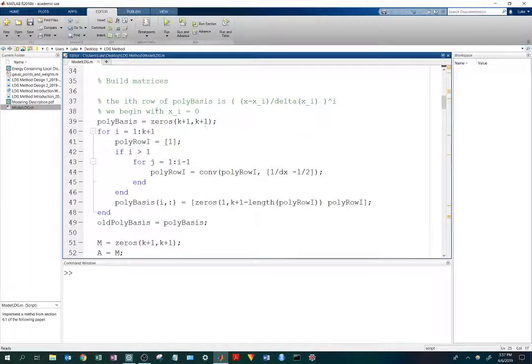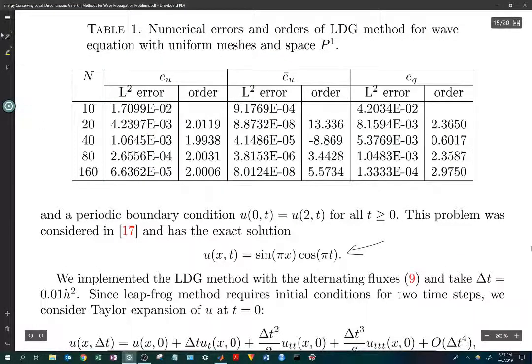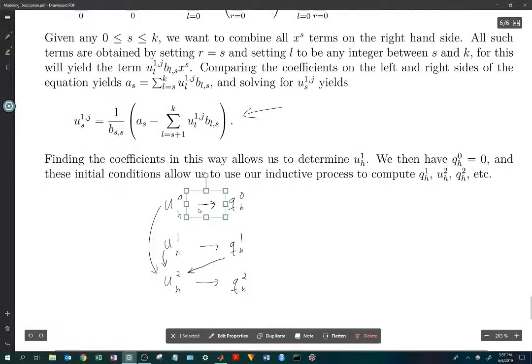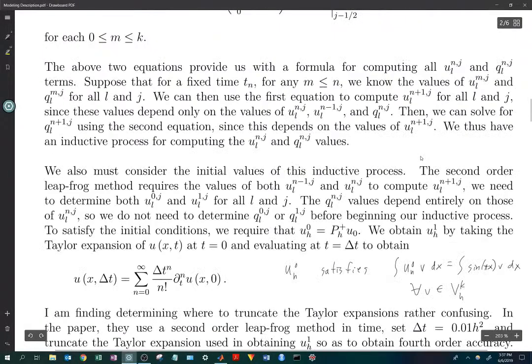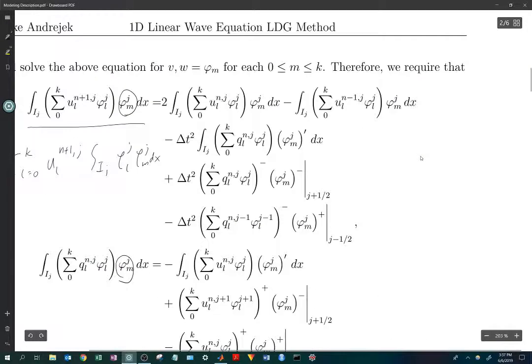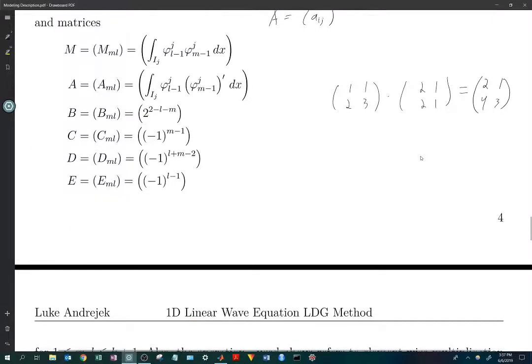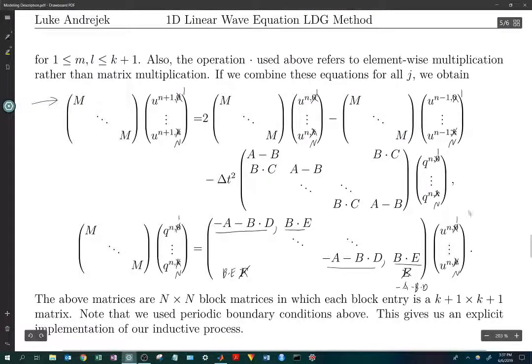Okay, so we want to build the matrices that we see. These matrices. We want to build these.